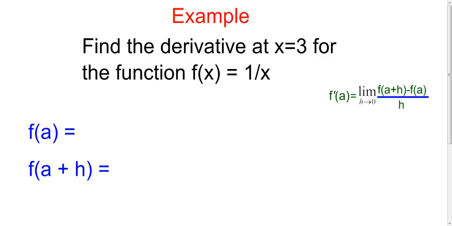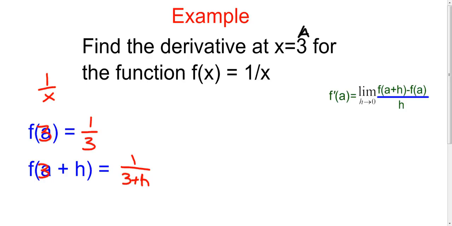I am going to have you realize that your a value is 3. So I'm going to find f of 3. F of 3 is 1 over 3, which is just 1/3. Remember, our function is 1 over x. F of 3 plus h is 1 over 3 plus h. This gets a little bit more complicated to simplify, so bear with me here.